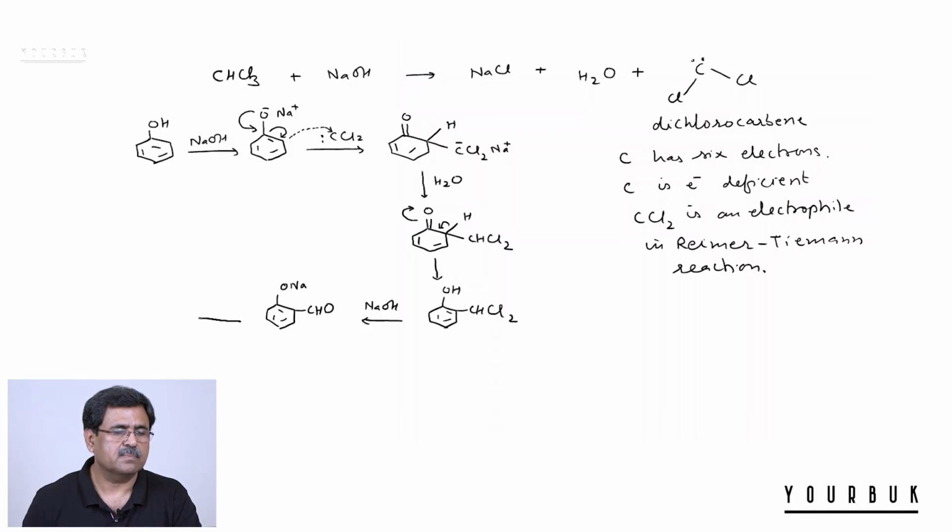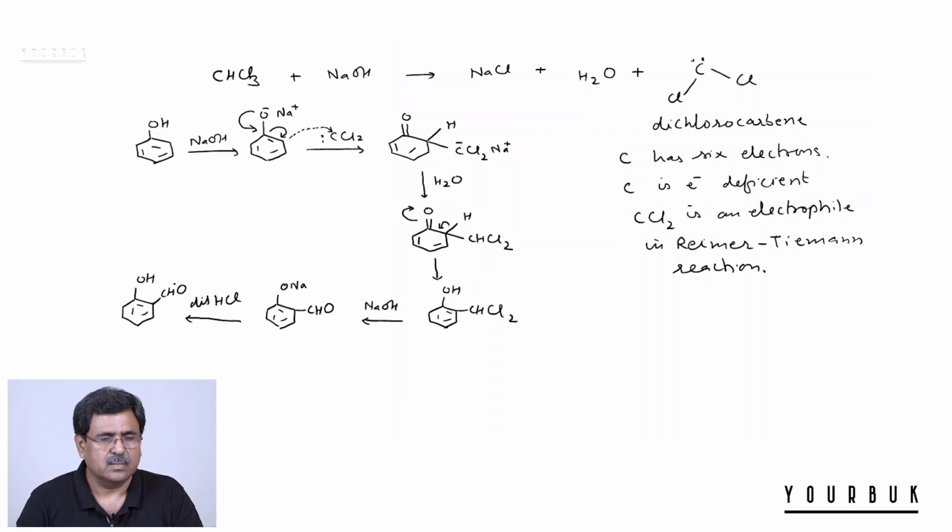And the last step is hydrolysis with dilute HCl. So, this is the mechanism of the Reimer Tiemann reaction. This reaction involves the formation of a new carbon-carbon bond between the benzene ring and the carbon of the CHO group.